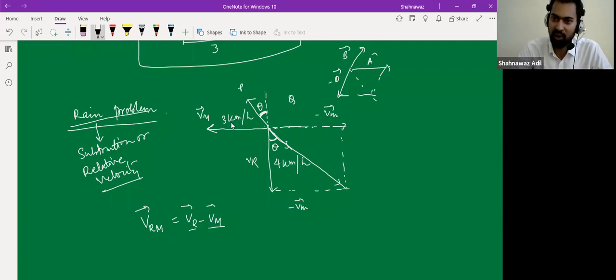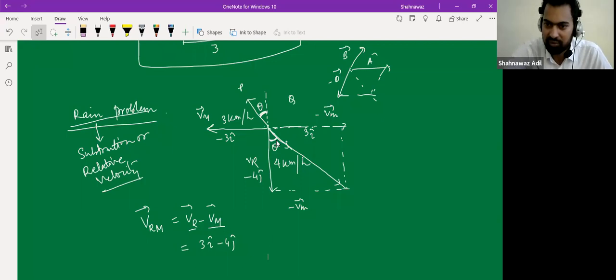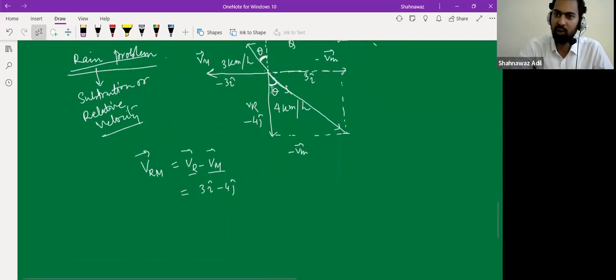So let's just say this was minus of 3i. So this is 3i. And this is minus of 4j, right? So what was the vector? The corresponding vector was 3i minus 4j, right? So to calculate the angle here, this was the theta.